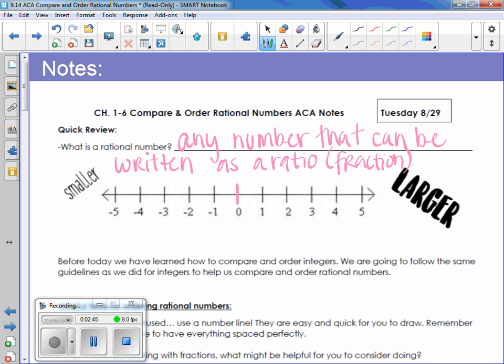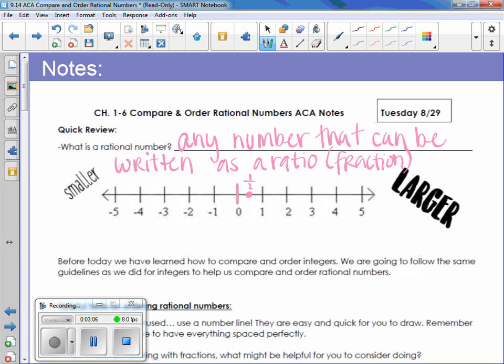Is 1/2 bigger than 1? Oh no, it's smaller. Awesome. So 1/2 is half of 1, right? So it's going to go in between. We still do it as a dot, and it would go in between 0 and 1. Do we agree? Yes.